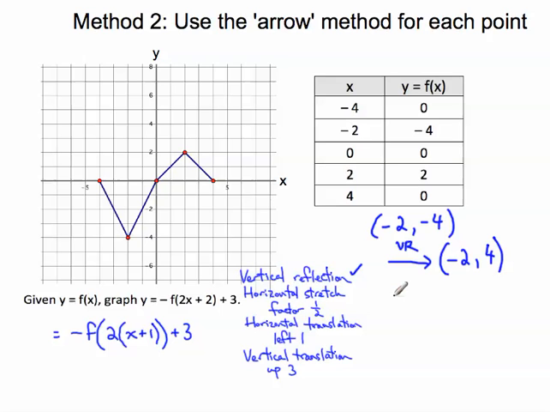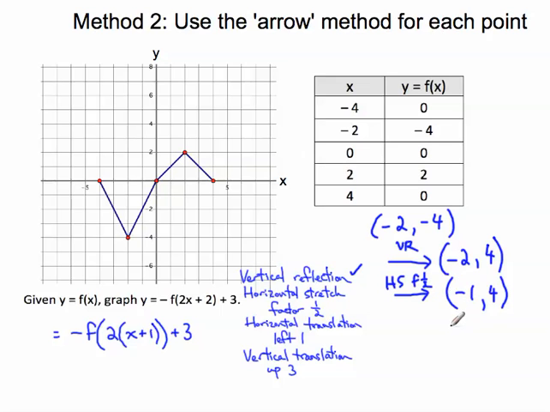Now, after the vertical reflection, we can apply our horizontal stretch of factor 1/2. So a horizontal stretch of factor 1/2, well, that's not going to change the y value. It's only going to change the x value. So the y value is going to stay the same at 4, but the x value is going to get halved. So that's going to become -1.